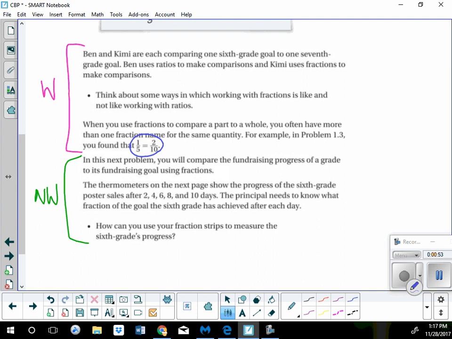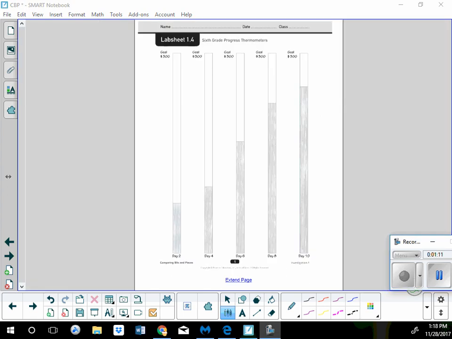also going to compare fundraising progress of a grade to its fundraising goal using fractions. Okay. I need you guys to get out your lab sheets from yesterday, and on the back is lab sheet 1.40. We have the 6th grade, just the 6th grade progress up here.